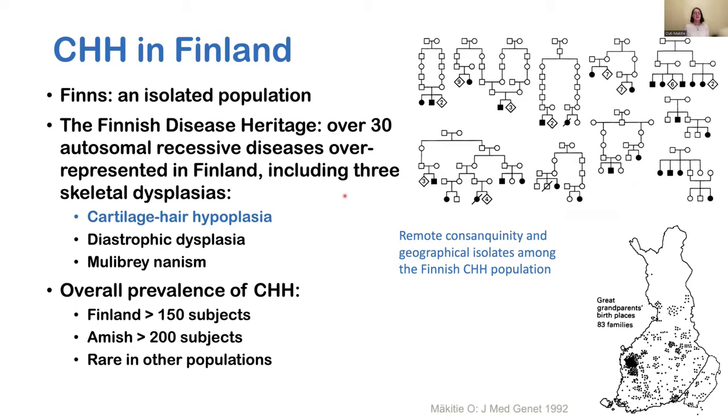So cartilage-hair hypoplasia is also very common in Finland, and this is based on a history maybe a little bit similar to that of the Amish people: it is a very isolated population even nowadays, and this has led to remote consanguineous marriages.